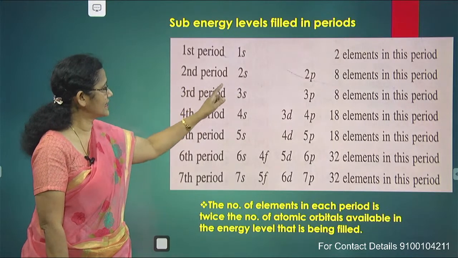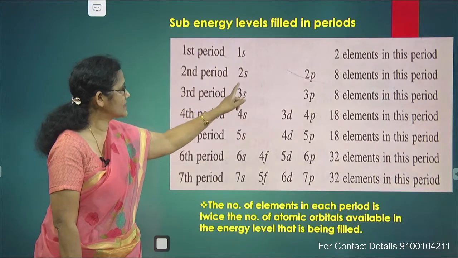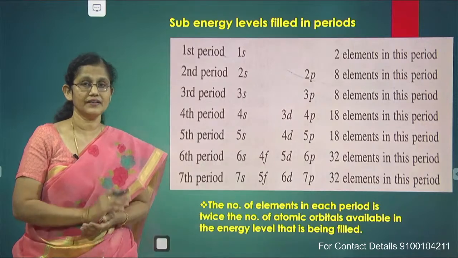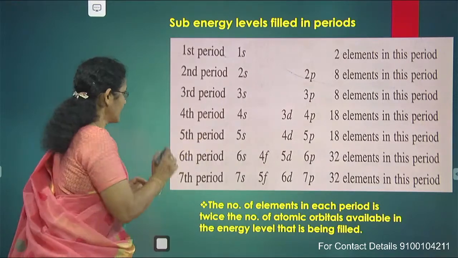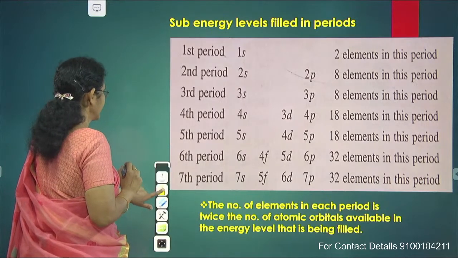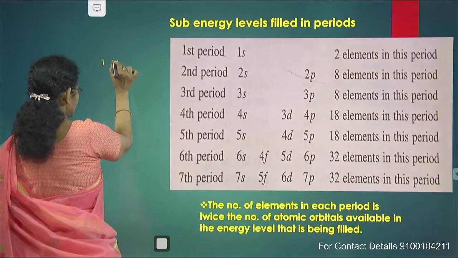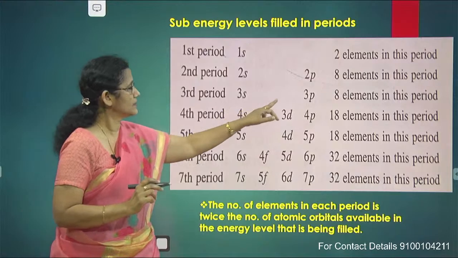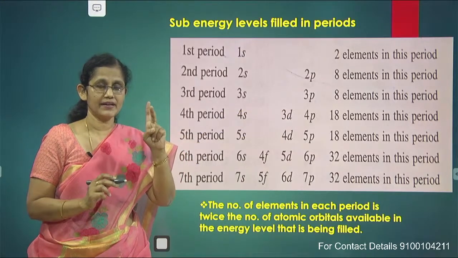The second period has the filling of sublevels 2s and 2p. That means one s orbital plus the 2p sublevel, which has 3 p orbitals, px, py, pz.